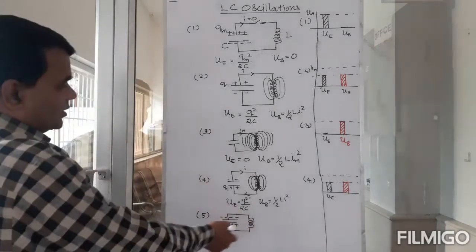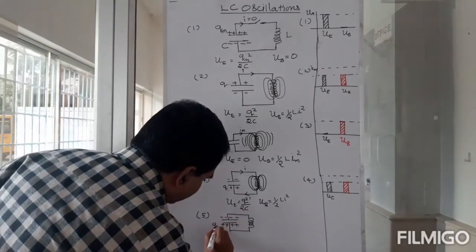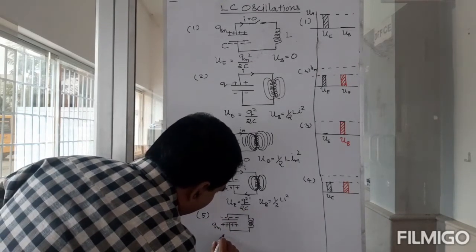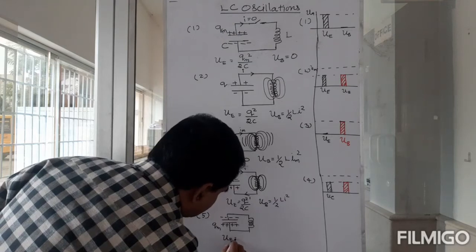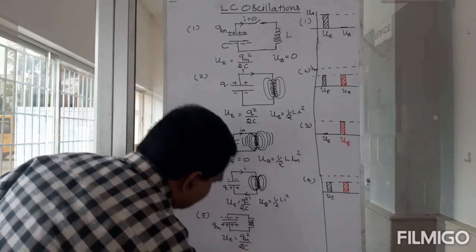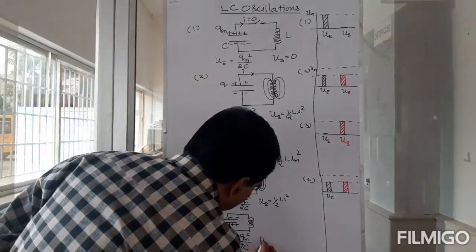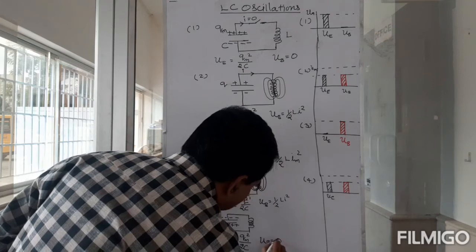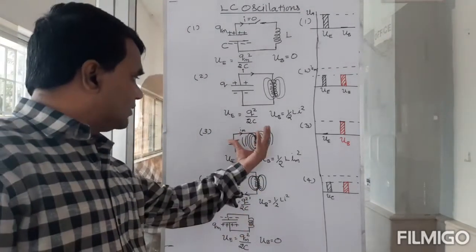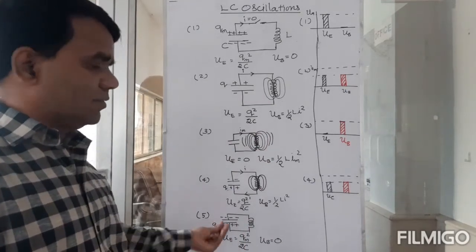The capacitor will be charged to maximum QE. Now UE will be equal to Qm squared by 2C, and UB will be equal to 0. So all the energy that was there has now gone to the capacitor.